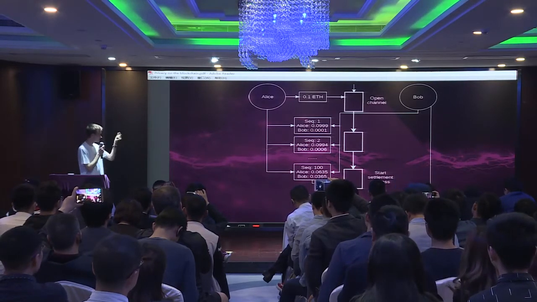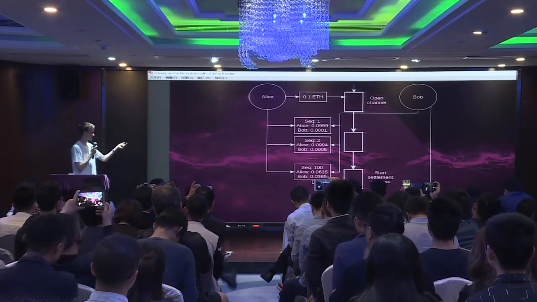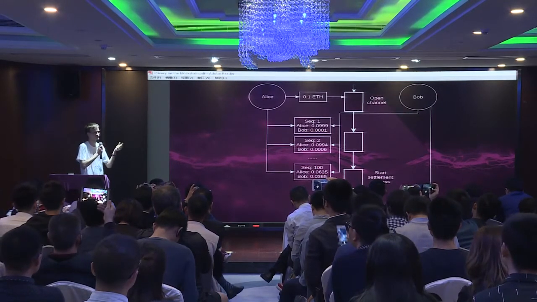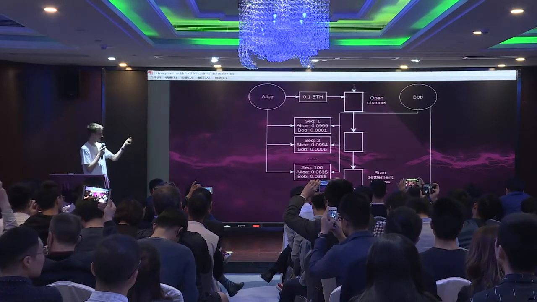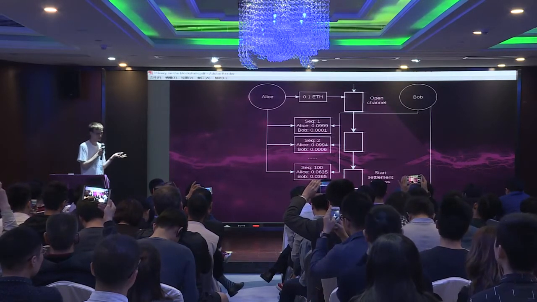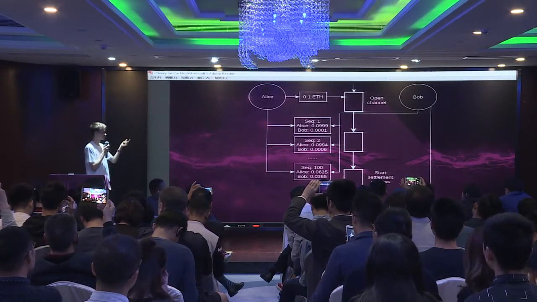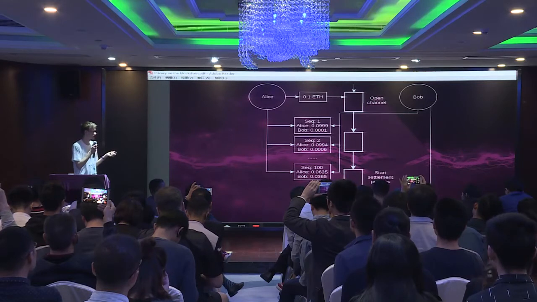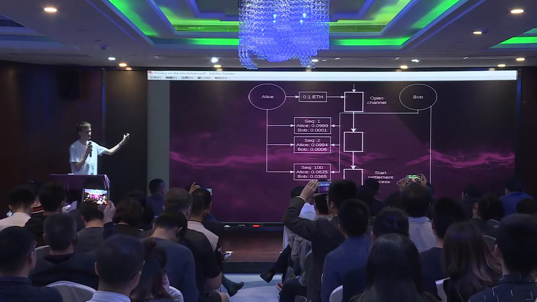So then let's say Alice wants to send another 0.0005. She signs another ticket, and the next ticket says Bob in total has 0.0006 Ether, Alice in total only has 0.0994 Ether. And Alice signs this ticket with a sequence number of 2.